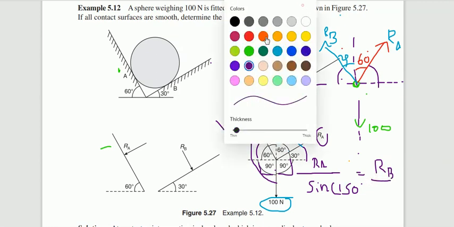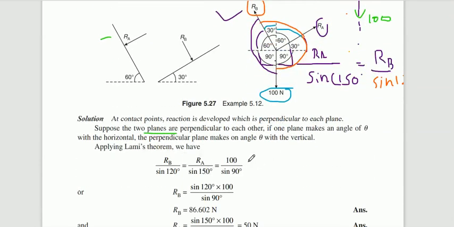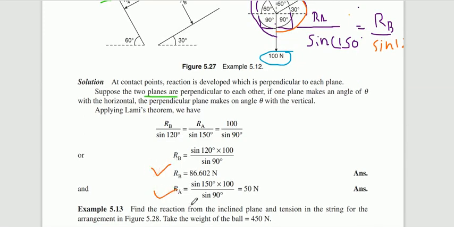Just observe the figure and tell me. RB is the force. The angle between the other two forces is again 90 plus 30, that is 120. Sine 120. Similarly, 100 divided by sine of the opposite angle, 60 plus 30. You have to apply this and simplify. You will get the RA and RB values.